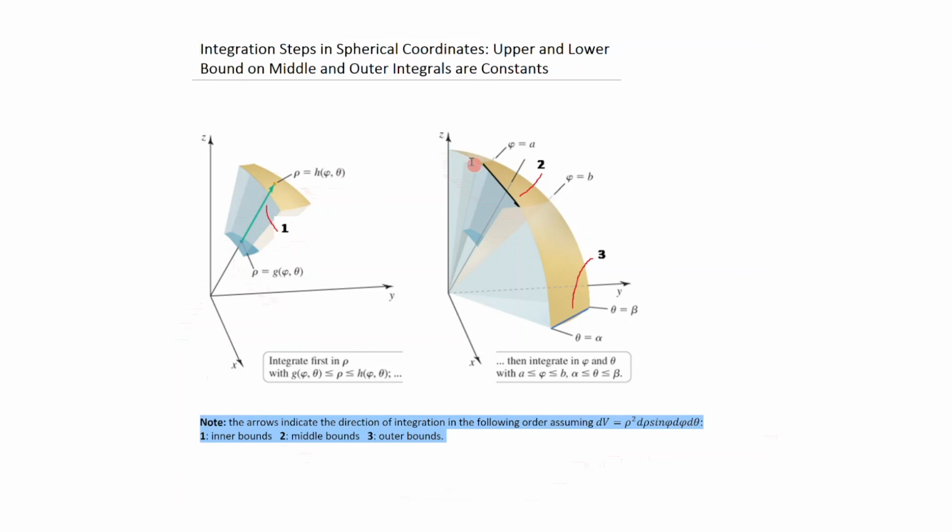So you'll be going between phi equals a and phi equals b, from here to there. And lastly, we'll be looking at integration between an angle theta of alpha, which is from here to here, and theta equals beta, which is from here to there. So those are the steps that we're doing. And in the process, what you're doing is mapping out that little volume contained between the 6 surfaces.